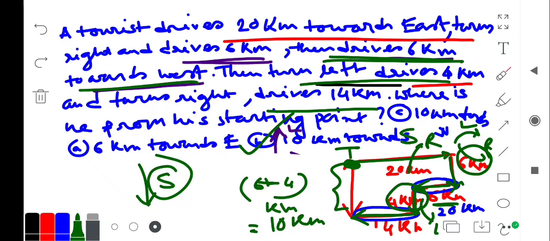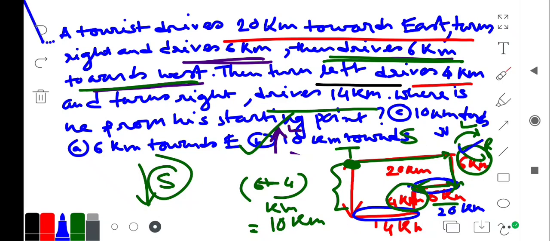Now it is wanted where is he from his starting point, that starting point থেকে কত দূরে আছে, how far away from starting point. So starting point is this. Okay, so there must be, you have to write this. This is 6 kilometer and this is 4 kilometer.